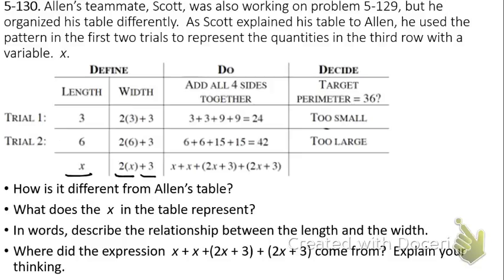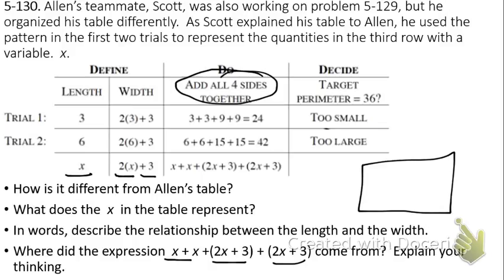Where did the expression x plus 2x plus 3 plus 2x plus 3 come from? Explain your thinking. Now, here's what I see. We're going to add all 4 sides together.